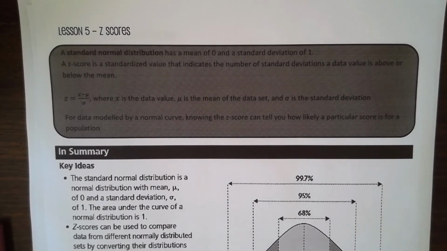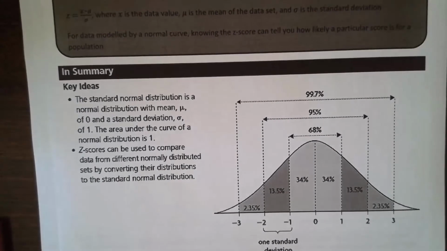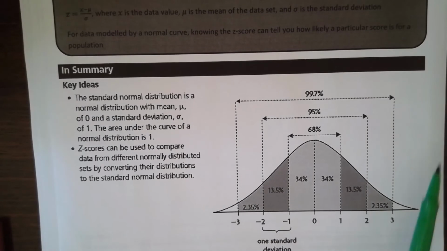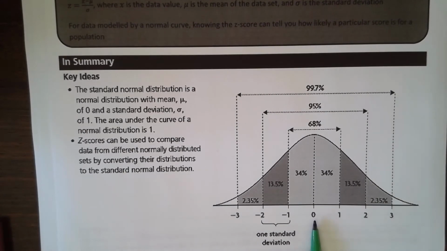So we can take any data point and turn it into a z-score and kind of standardize it on this new normal distribution. You'll notice that this distribution looks very similar, but is slightly different than the last normal distribution that I gave you. Because here, instead of saying mu, we're just immediately calling that 0, right?